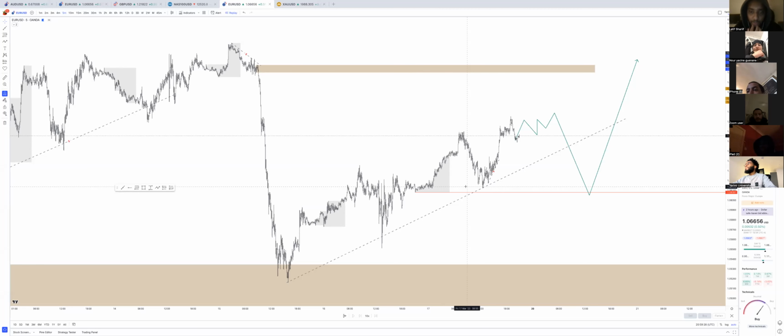Would you also look for a break of structure or just for change of character? If it gives you a clean order block, would you just enter from the change of character or wait for a break of structure as well? So waiting for a break of structure depends on the type of trader you are. I'm an aggressive trader, so I enter just based off the change of character.